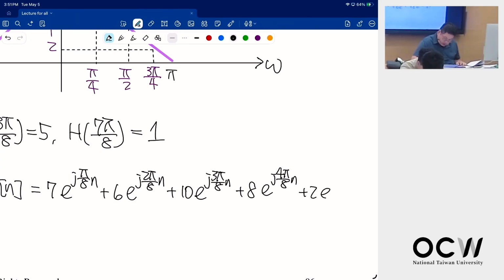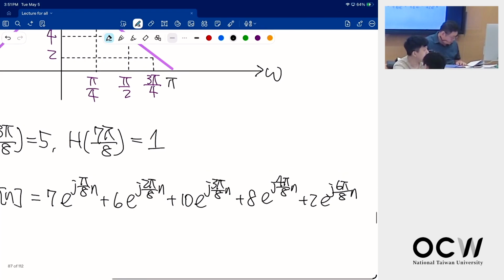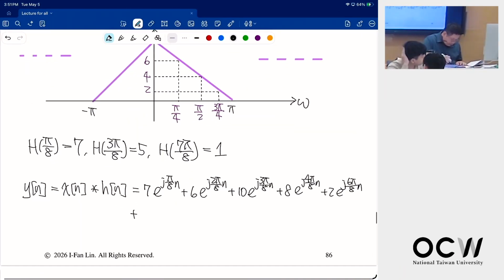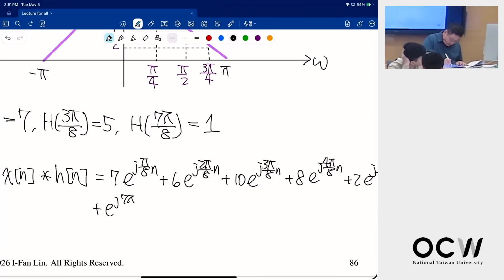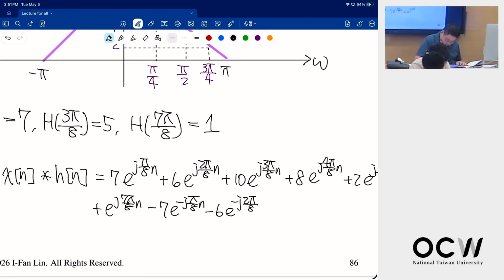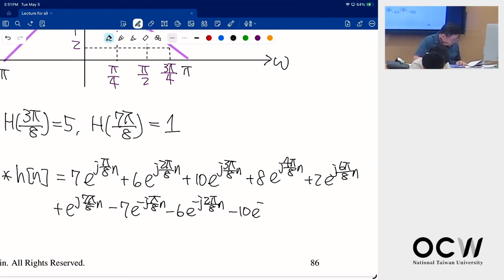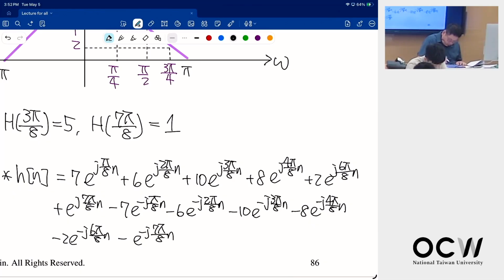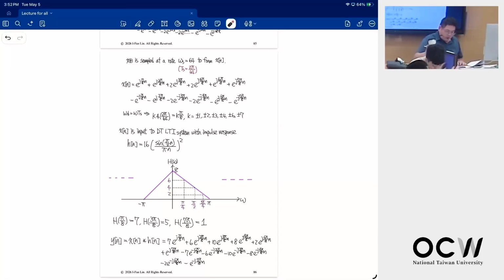And 6. Alright, so here's our output. Any questions for this?